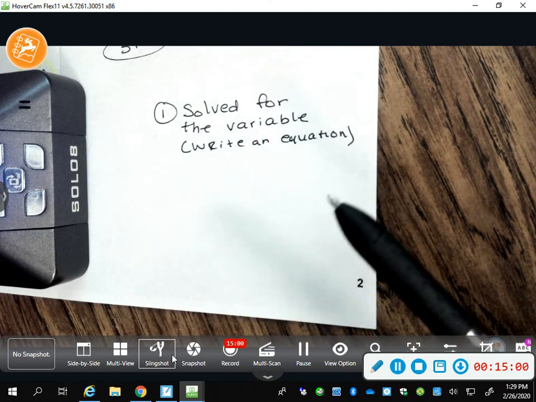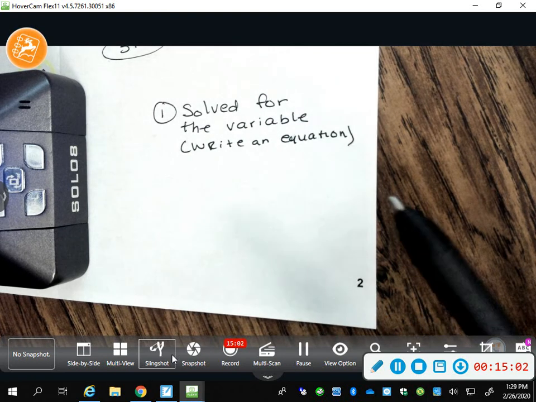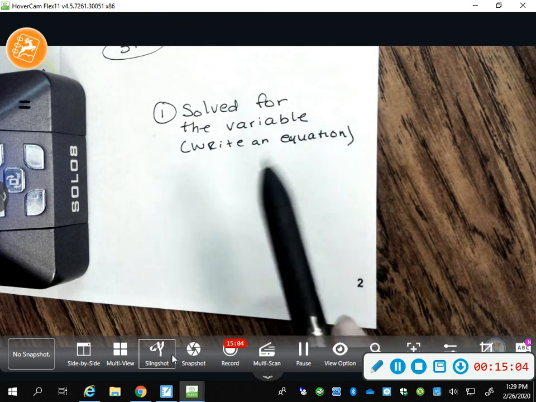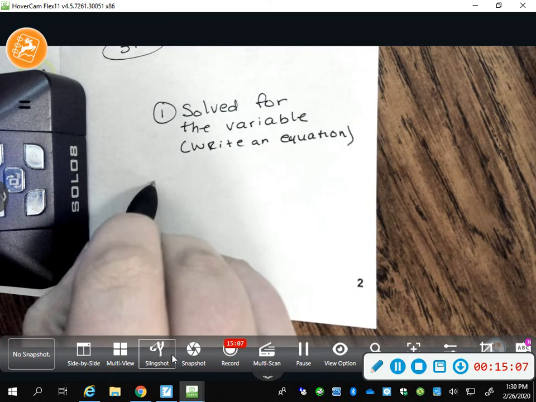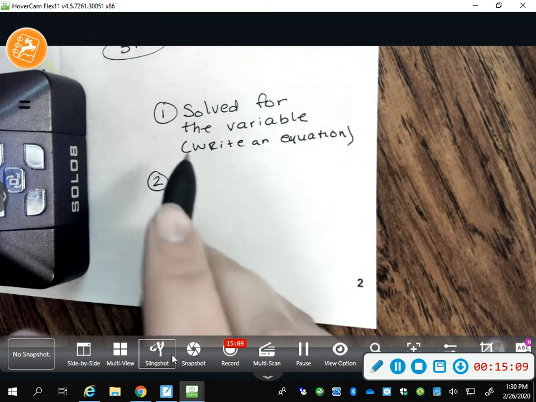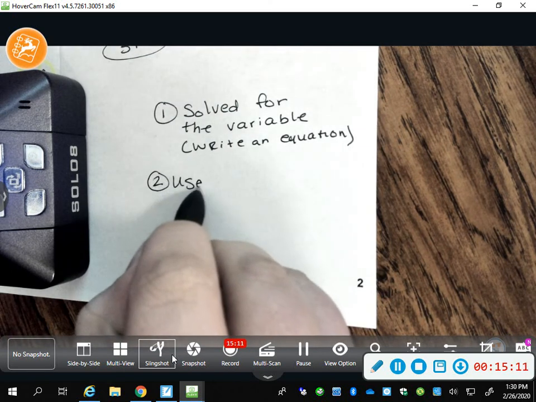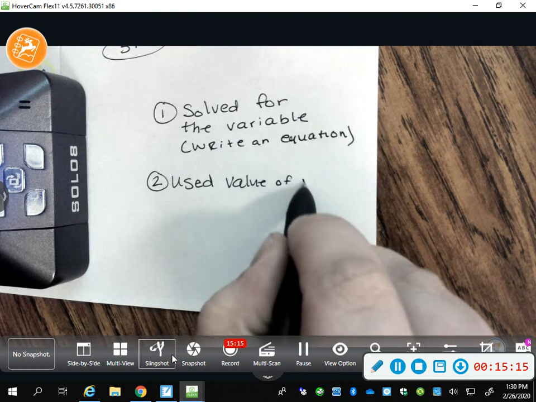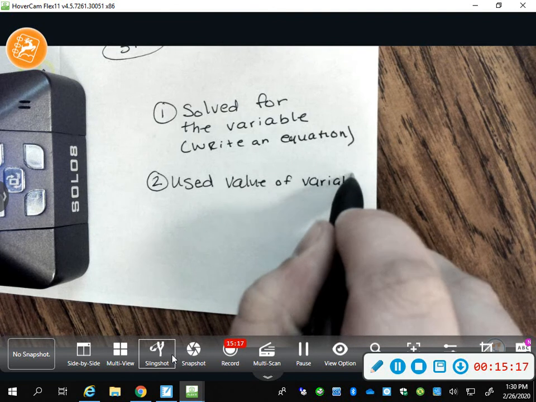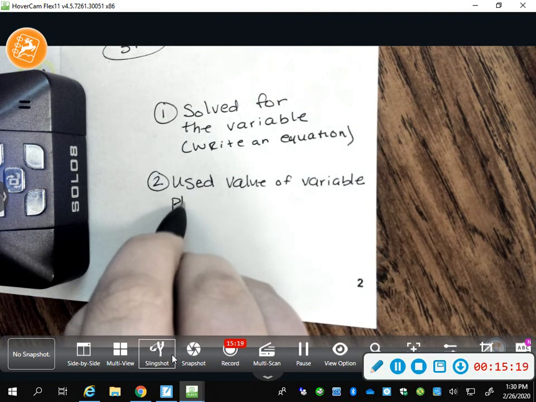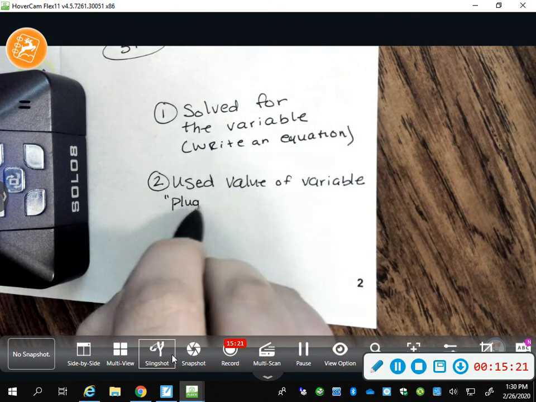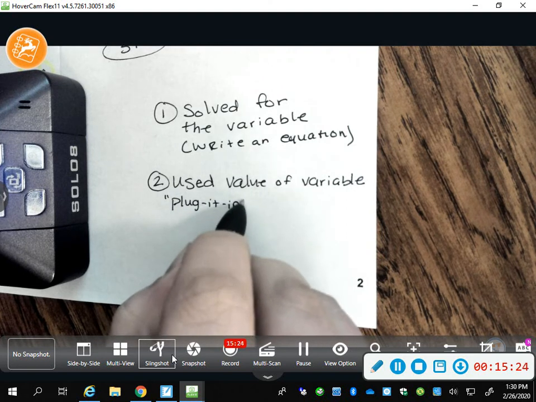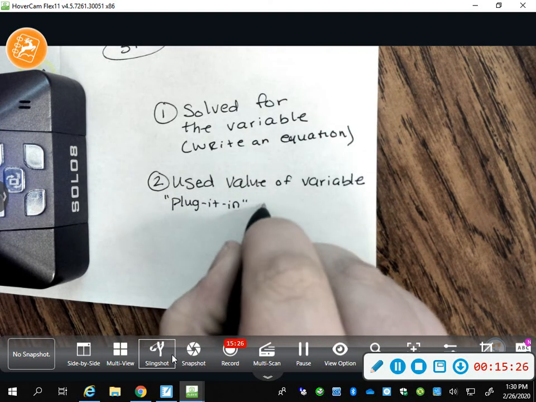If our goal was to find the value of x, or the variable, we were done. If our goal was to find the value of the angle, we had a second step. We used the value of the variable, and we plugged that in to the angle's expression.